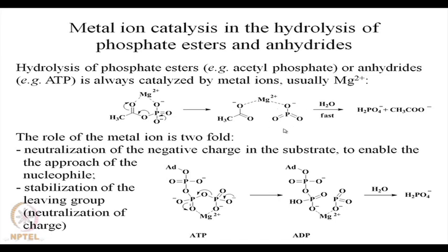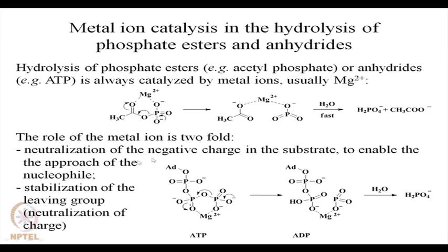So, now what is the role of the metal ion, that is Mg2+? It is effective for neutralization of negative charge in the substrate, because this has 2 negative charges and it is 2+. So, negative charge in the substrate is neutralized to enable the approach of the nucleophile.